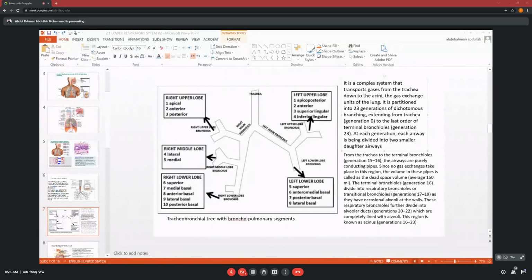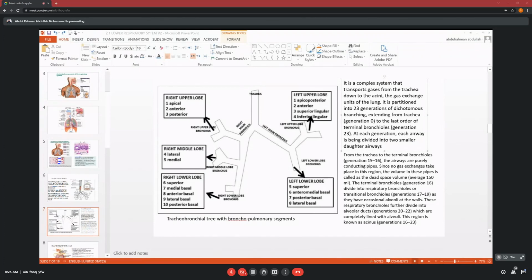Is it clear what we mean by dichotomous branching? Yes, doctor. Very good.